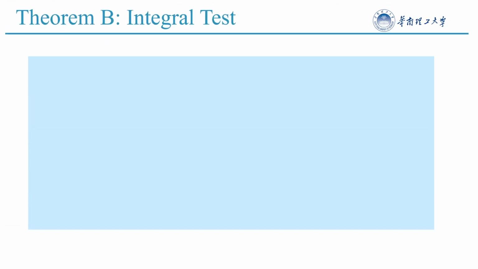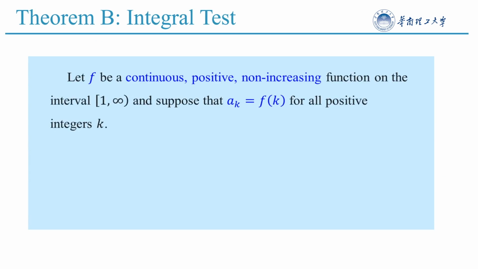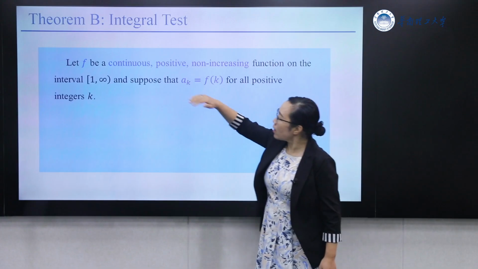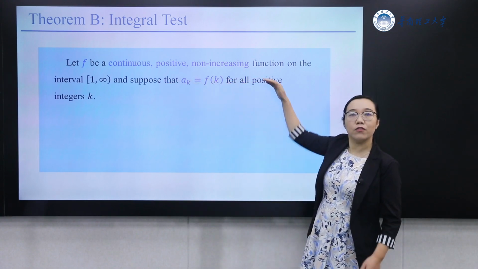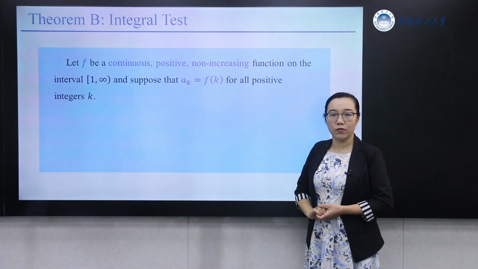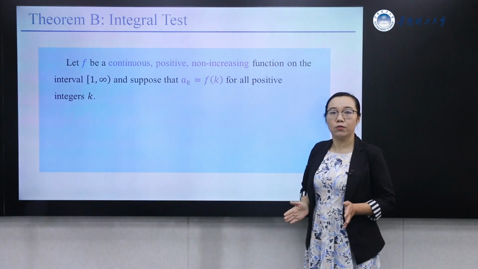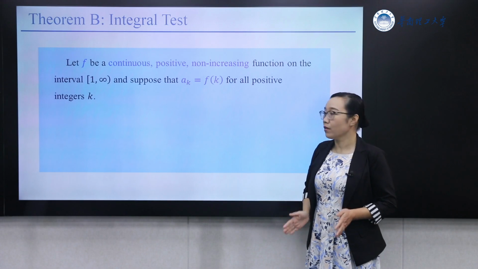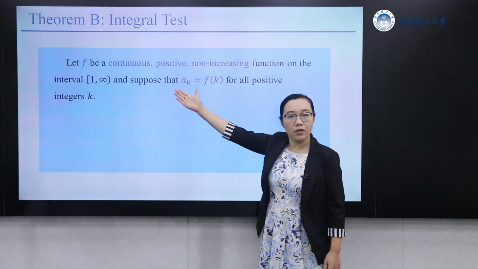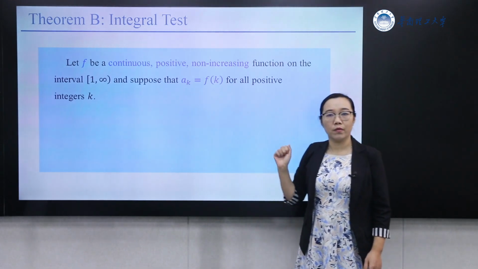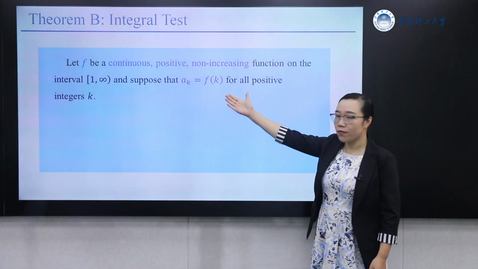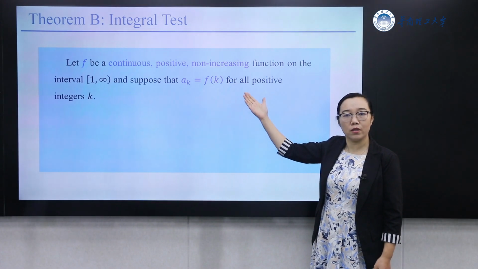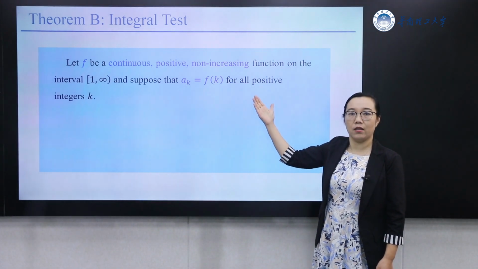We continue to study theorem B, the integral test. Let f be a continuous, positive, non-increasing function on the half-open interval from 1 to positive infinity, and suppose that ak equals f(k) for all positive integers k.